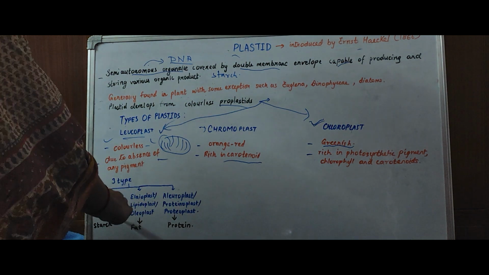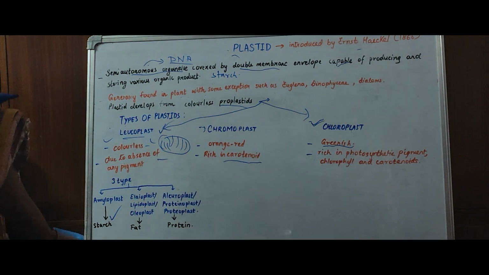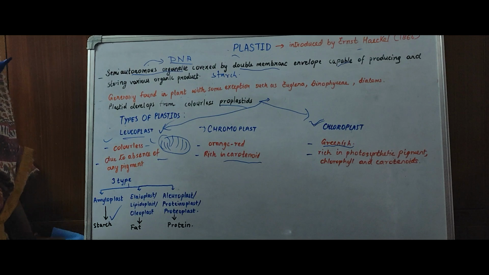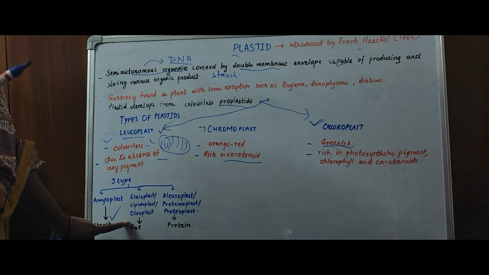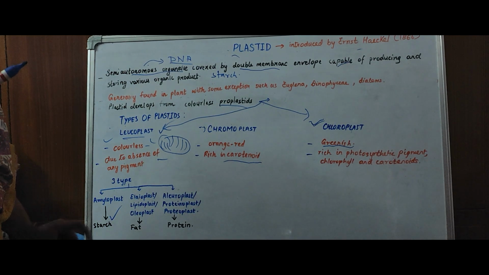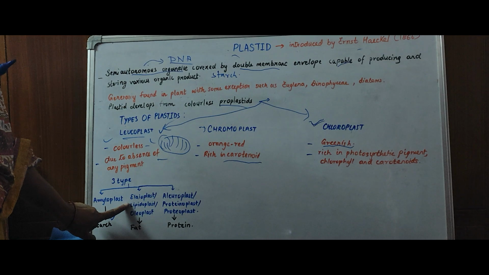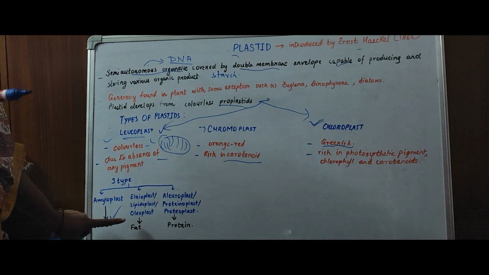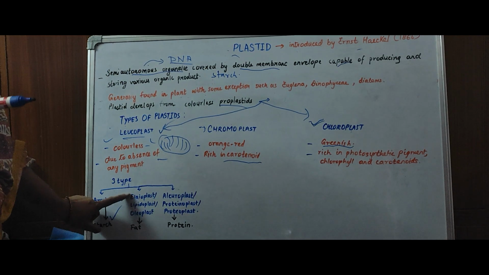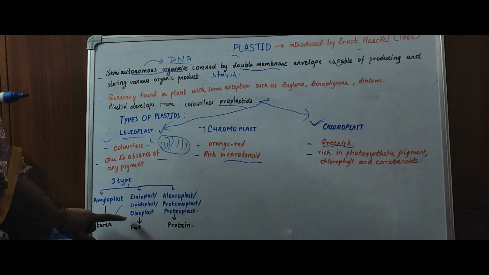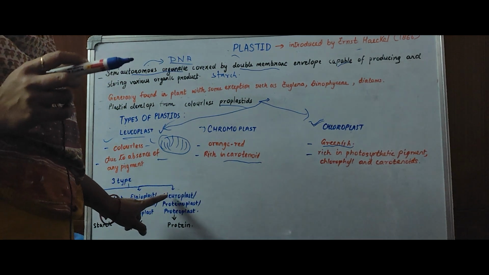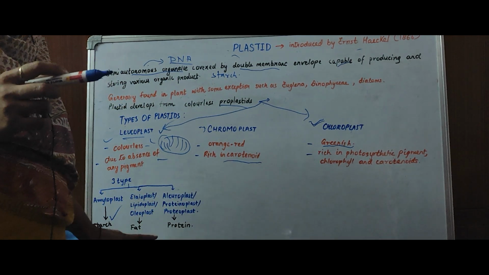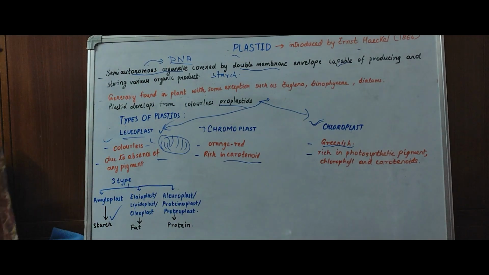Amyloplast will store starch, whereas fat storage will occur in elioplast, also known as lipidoplast or oleoplast, because fat and lipid are the same thing; the names are synonyms of each other. And aleuroplast, also called proteinoplast or proteoplast, contains protein.